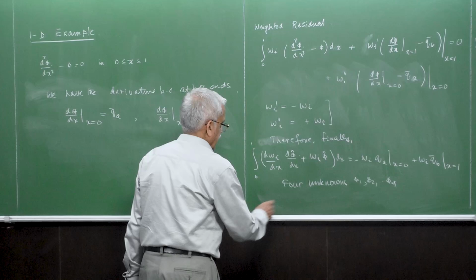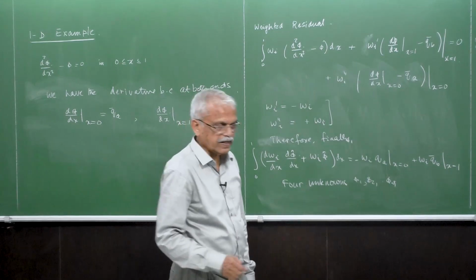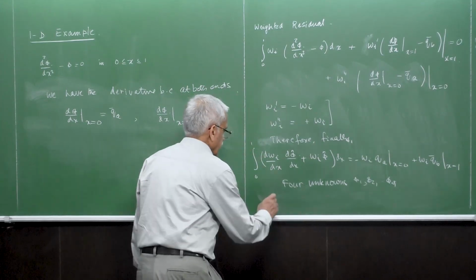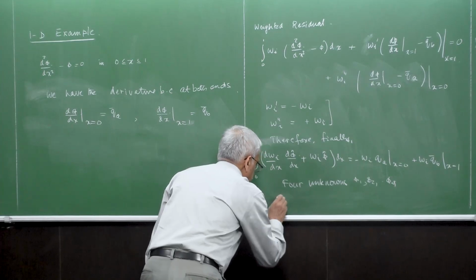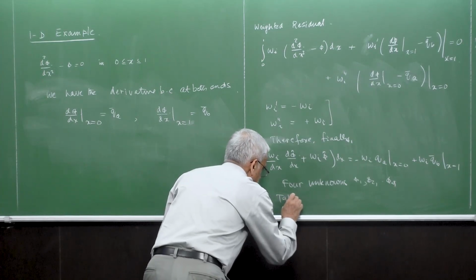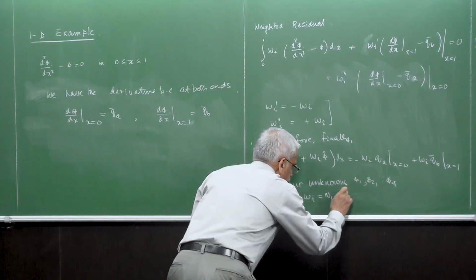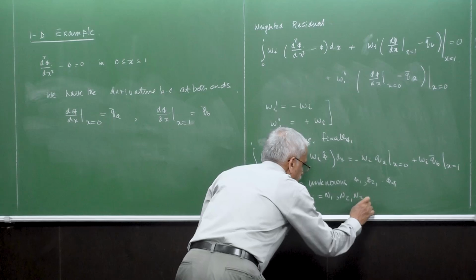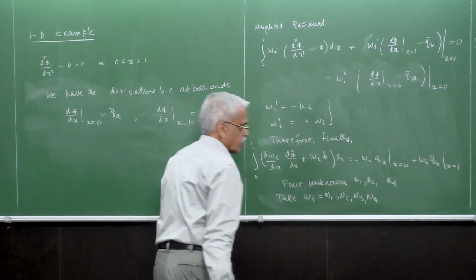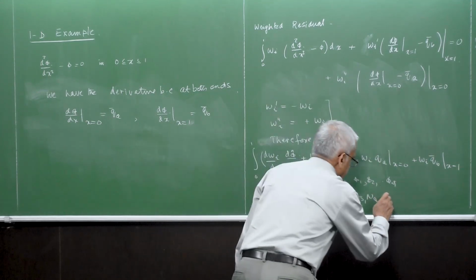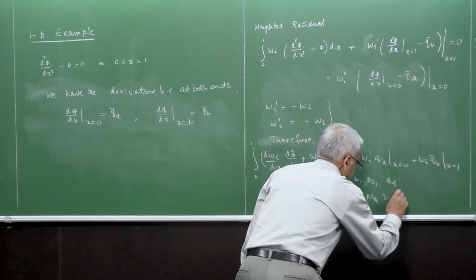Okay, and then we can take weighting function w_i equal to N1, N2, N3, N4 to get 4 equations.